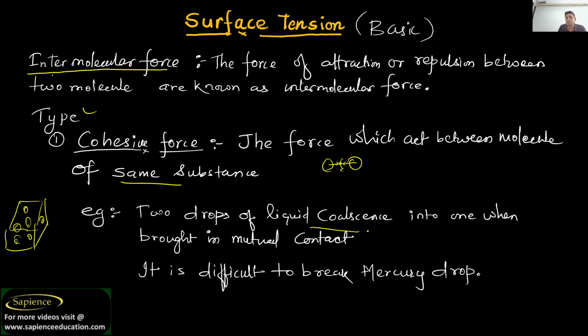Two drops of liquid coalesce into one when brought in mutual contact. So let us take two drops of liquid. When you bring them close to each other, they will make one. Why? Because they have a force of attraction and they both are of the same material. That's why the force between them is known as cohesive force.